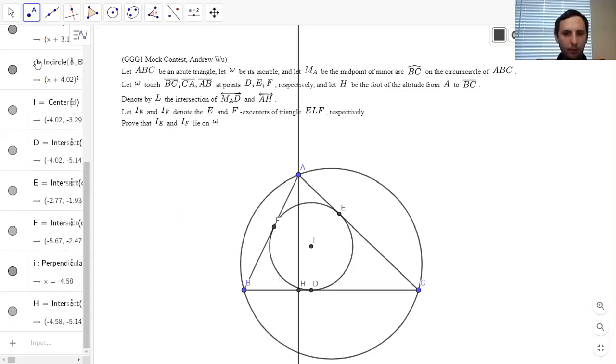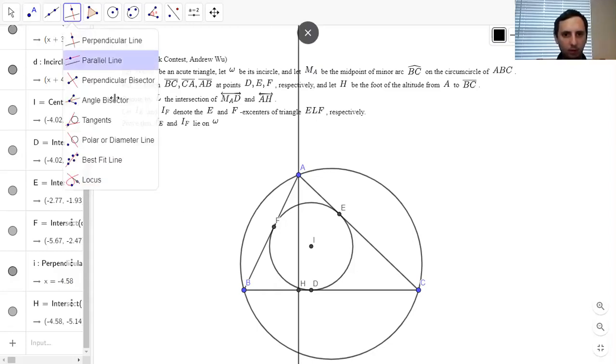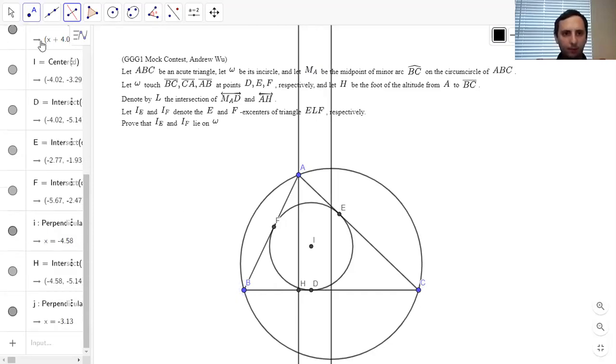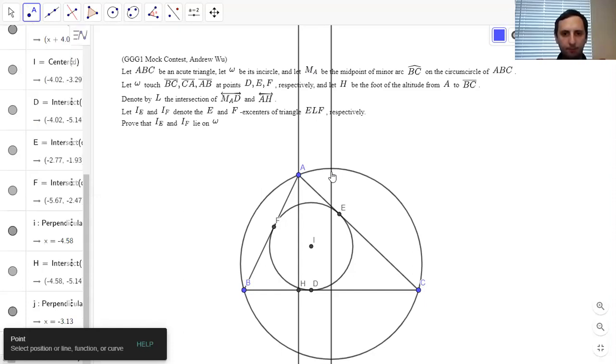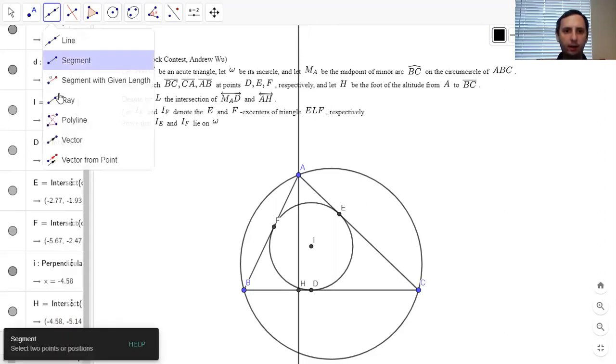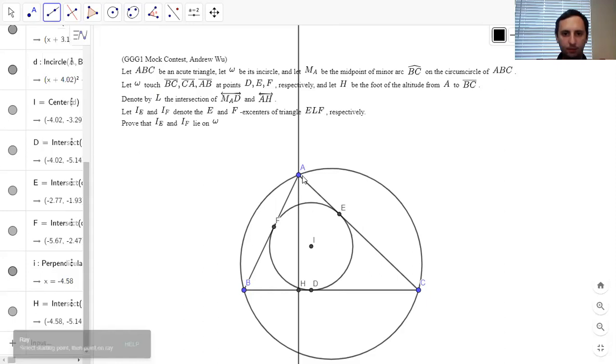And I'm going to draw MA. So that's the midpoint of arc BAC. Oh, it's the minor arc BC, sorry. So I just need to see where does AI meet the circle. And that will be point MA.